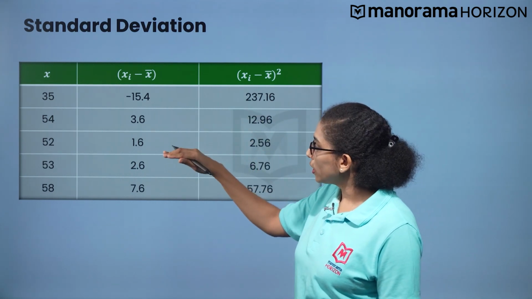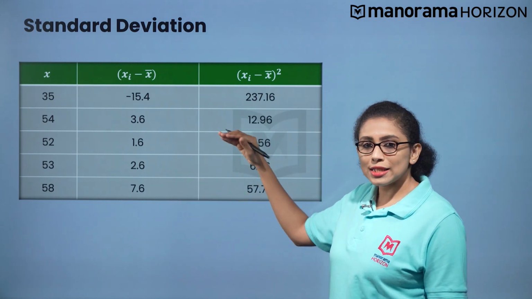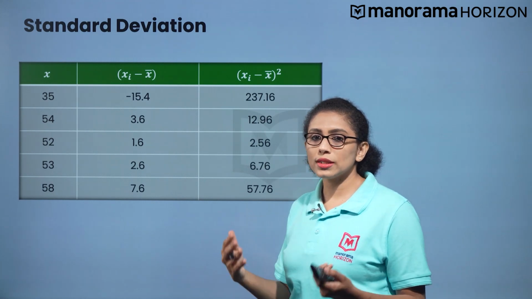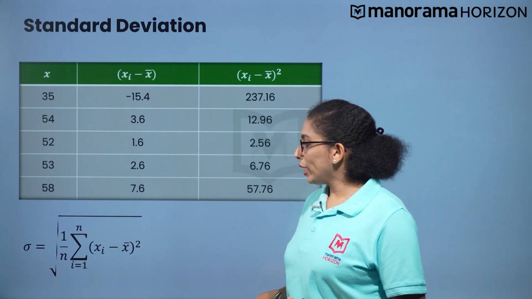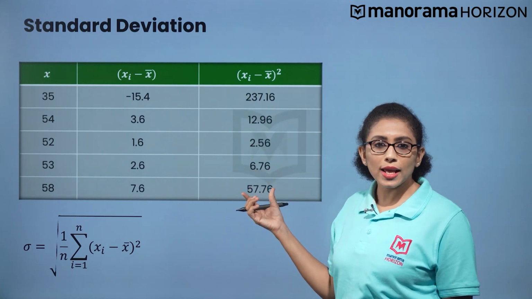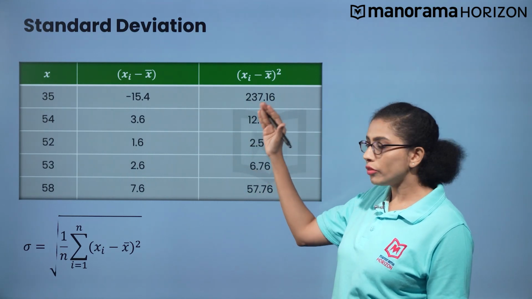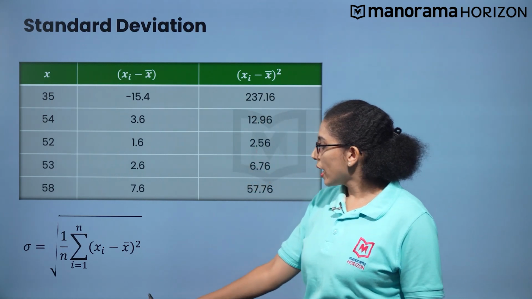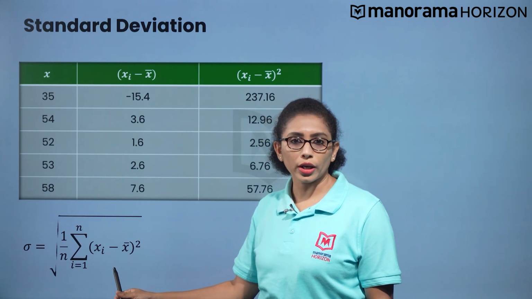Likewise, I have calculated the values for the remaining set of values. The standard deviation is found using the equation. Now, we need to find the sum of all the xi minus x bar the whole square, that is, add up all the values in the last column, the third column. We get the summation of xi minus x bar the whole square.